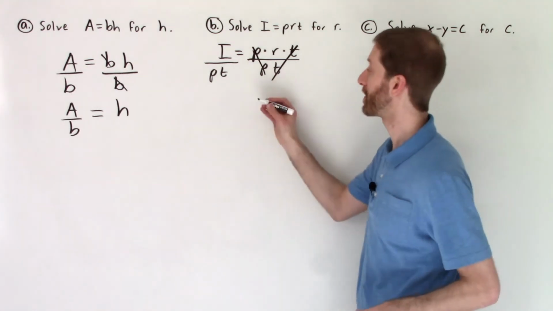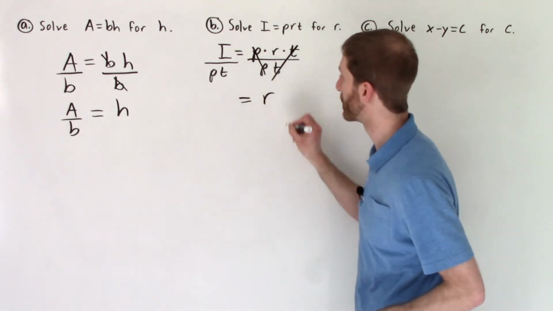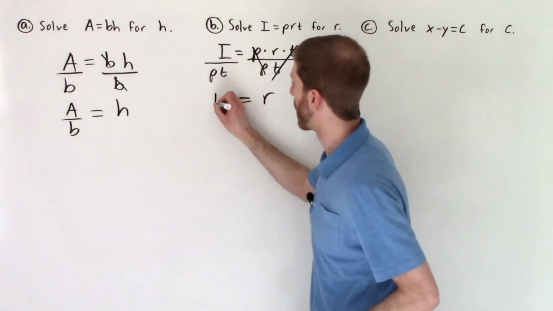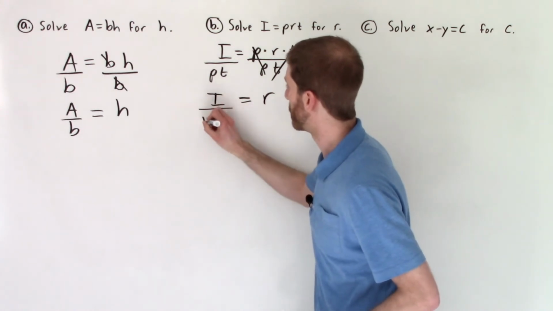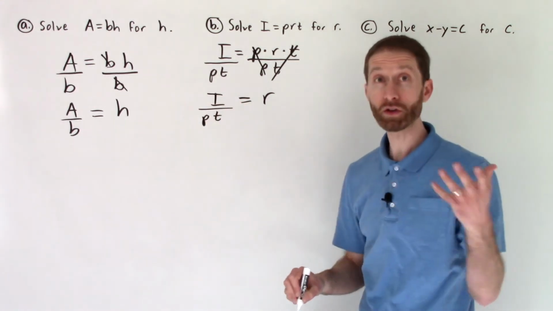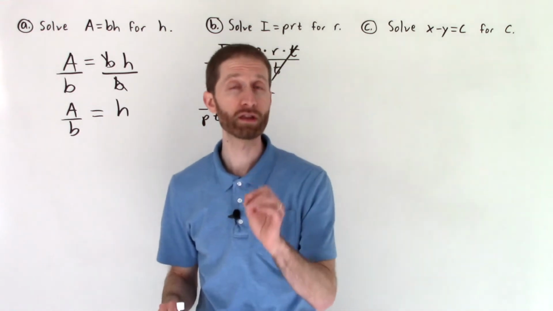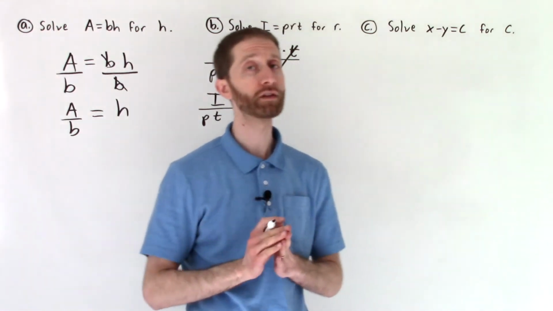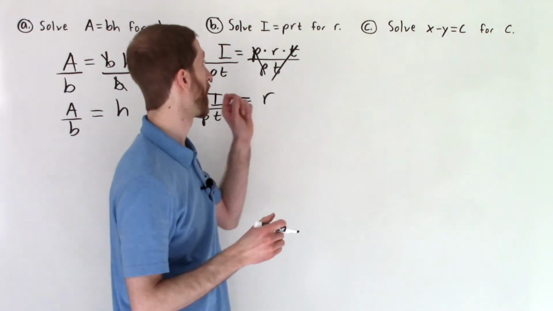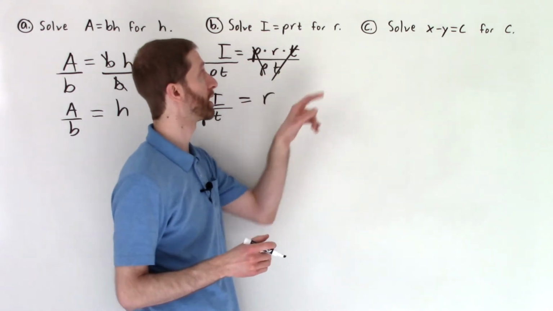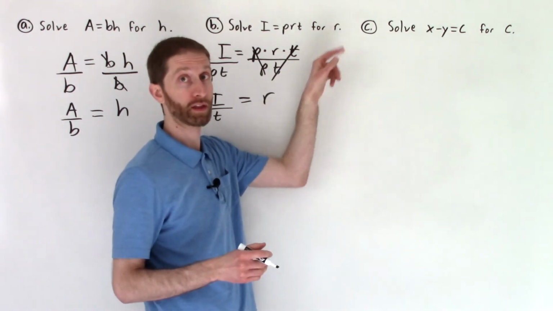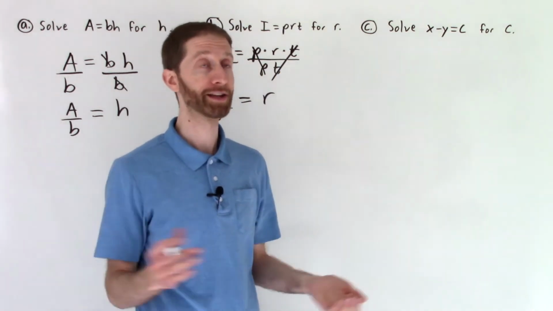Ooh, that leaves us with the R, which is what we wanted. I over P times T is our answer. It's weird looking, I get it. Again, treat the variables that you're not solving for like numbers and undo the order of operations until you get the goal variable, the thing that you're asked to get alone, isolated.